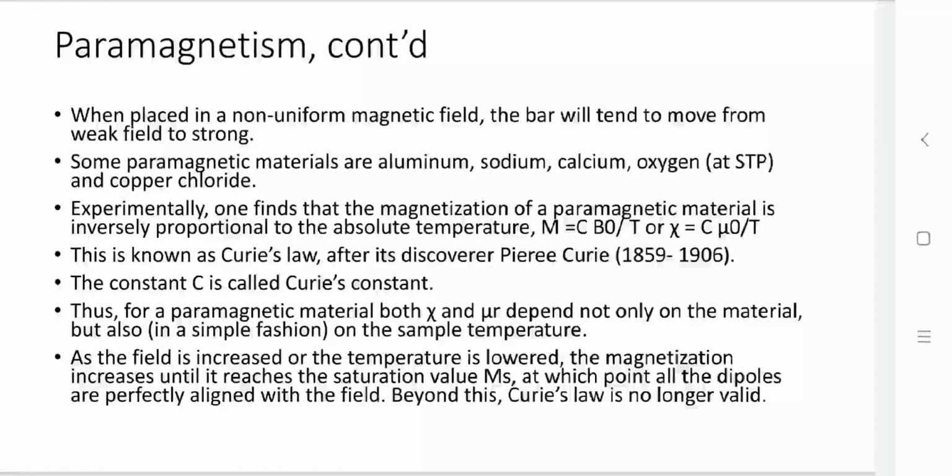If the external field is increased or the temperature is lowered, the magnetization increases and can reach the saturation level, the point at which all dipoles are aligned in the same direction as the field. After this saturation limit, Curie's law is not valid any further. Right?